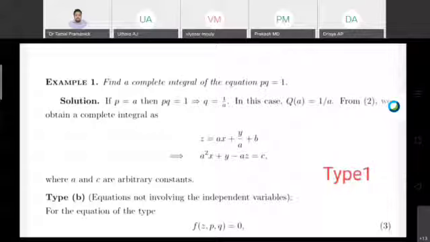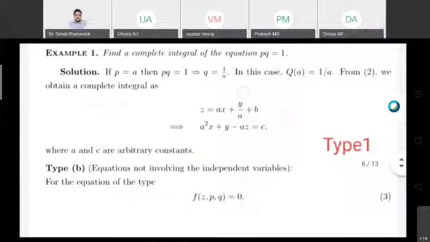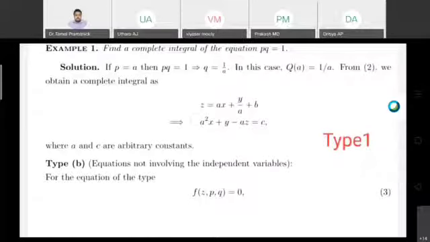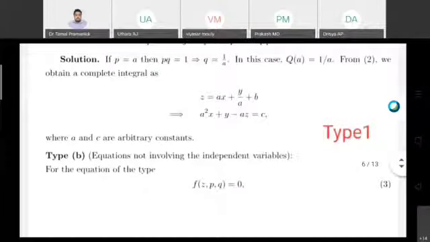Anyway, so this is the first type. For the first type of equation, what have you done? Take p equal to a, so what is q? q equals 1 by a, right? Once you know the values, you will always put dz equal to p dx plus q dy in that form. If you get the a, p and q values, you will always put the values in dz equal to p dx plus q dy.